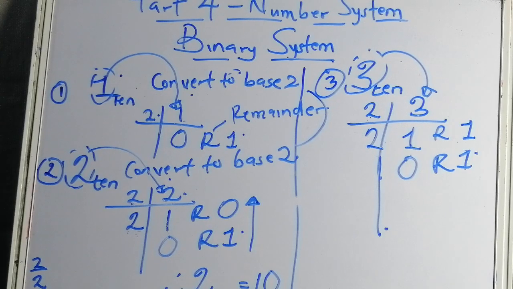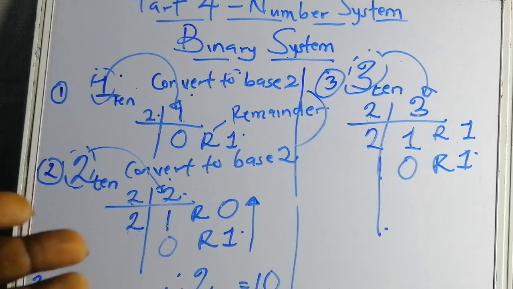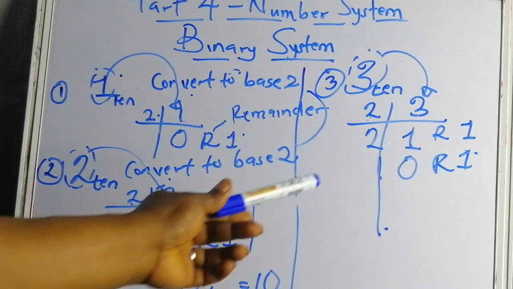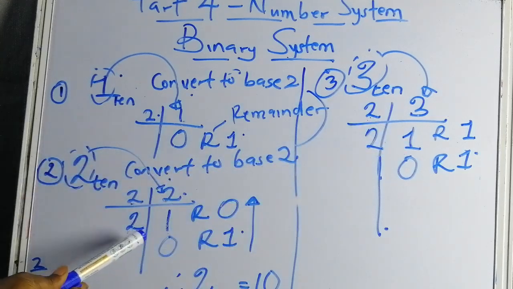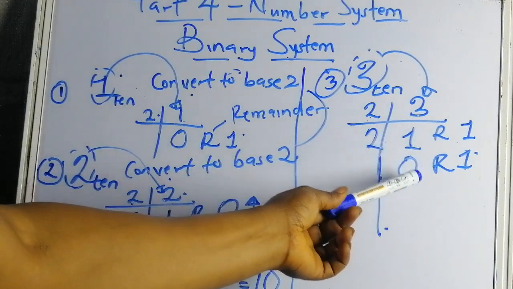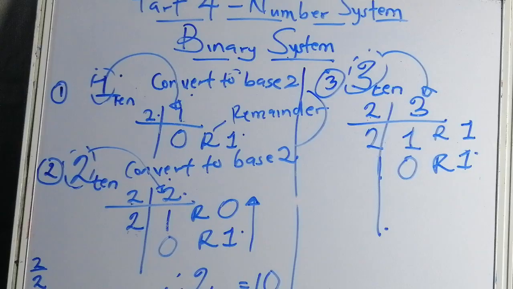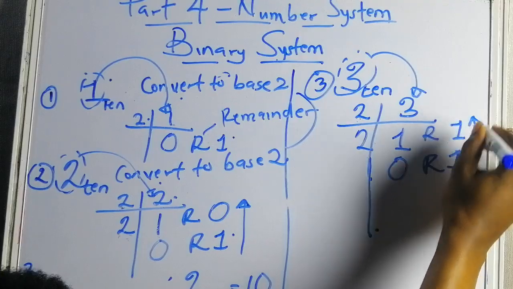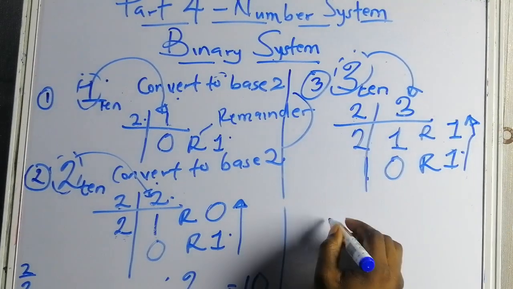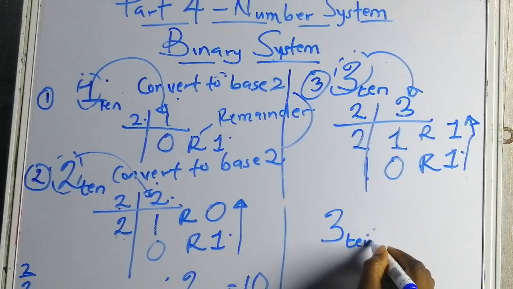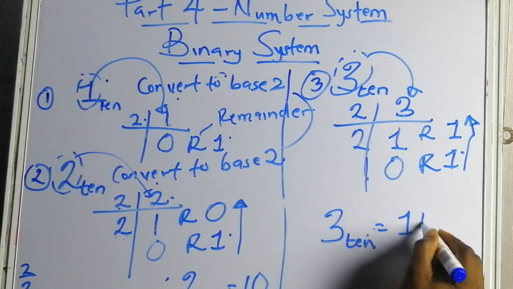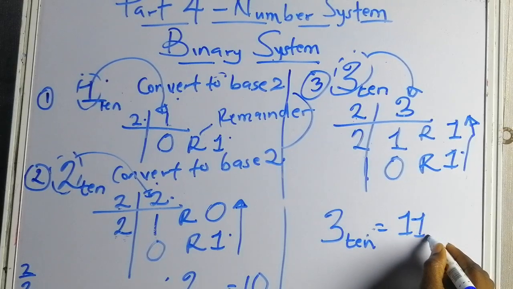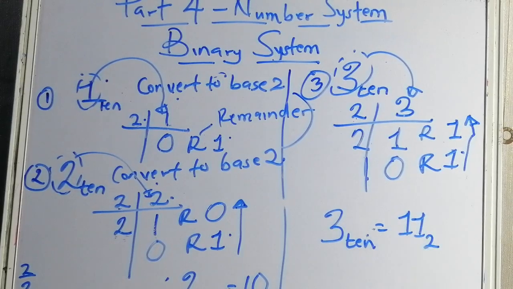So at the end of the day, you see that this is becoming more interesting. 2 cannot go in 1. The value here is higher than this, like what we did here. Okay, so since it's higher, it will be 0, then the value will be 1. So what you will now do here is count from the bottom to the top. So it means that 3 base 10 is equal to 11 in base 2.